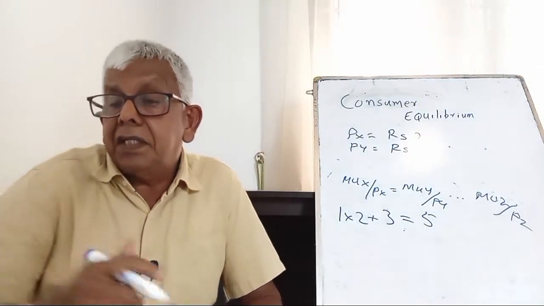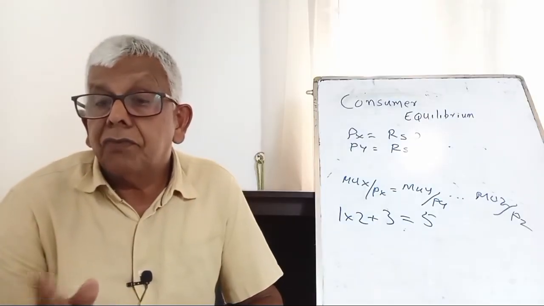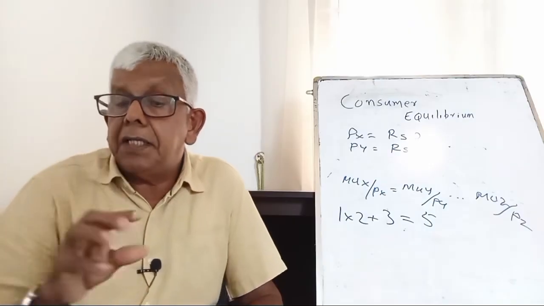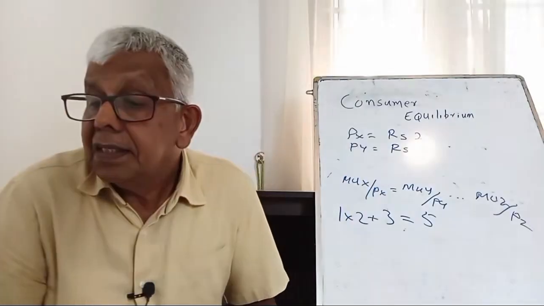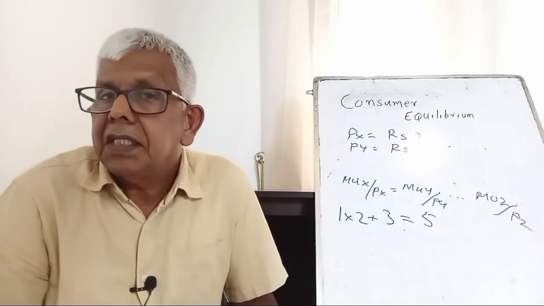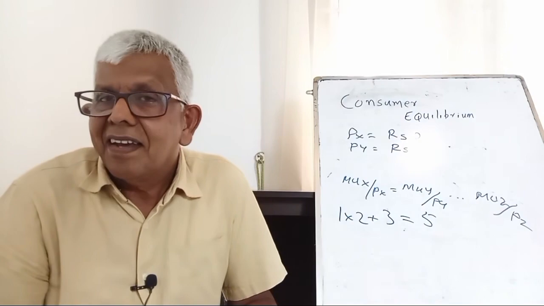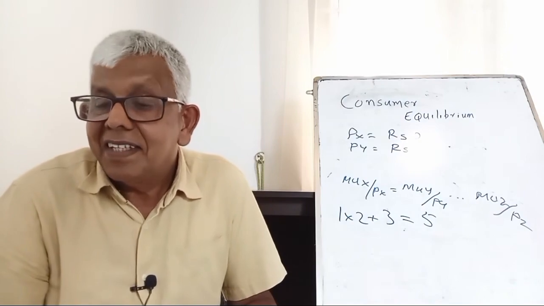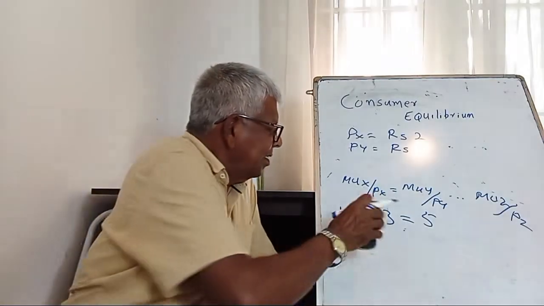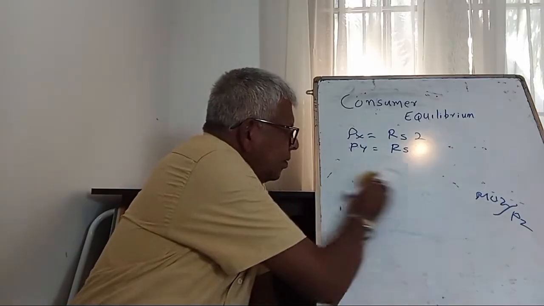What about the next point? X equals 5, Y equals 4, MUx divided by Px equals 6, MUy divided by Py equals 6.